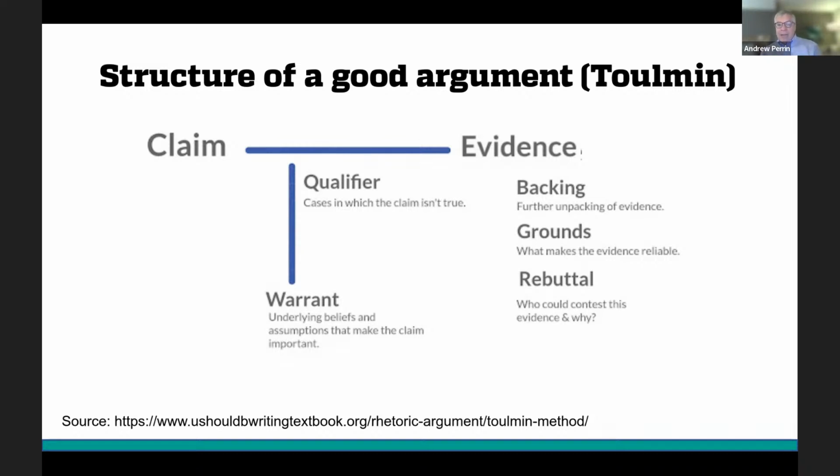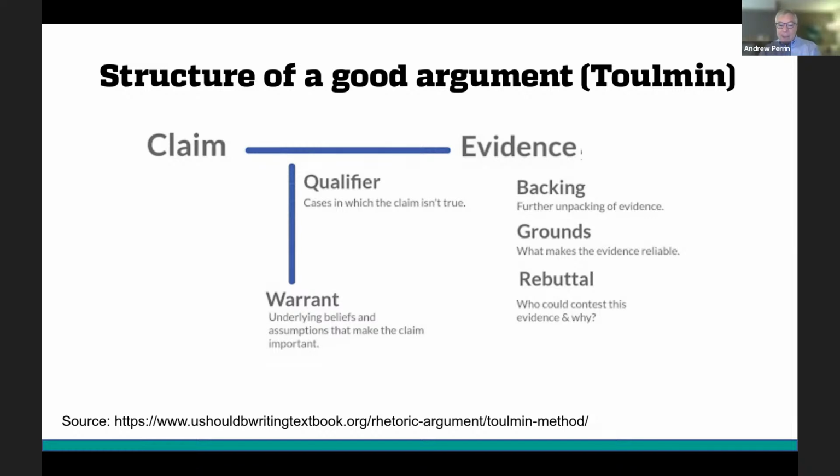But it is never the case that the evidence straightforwardly and entirely exhausts the claim. If it did, there'd be no need for an argument itself. The warrant structure is the part of the argument in which the speaker tries to convince the audience that the claim actually is warranted, right? Is based on the evidence that's been provided.